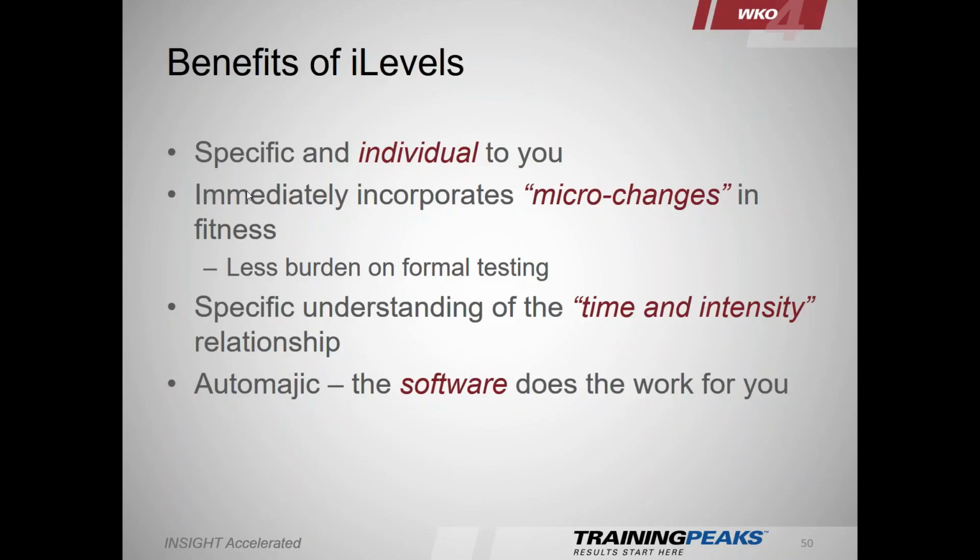So if you think about the benefit of eye levels, they're specific and individualized to you or your individual athlete. You could have 20 athletes and rarely ever have exactly the same above threshold. Now, the reason we didn't individualize threshold and below, you're going to ask me this question, is we analyzed thousands and thousands of files, and the percentages of change there are really, really low.